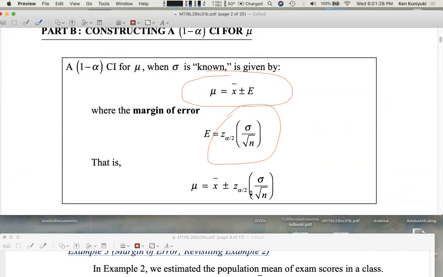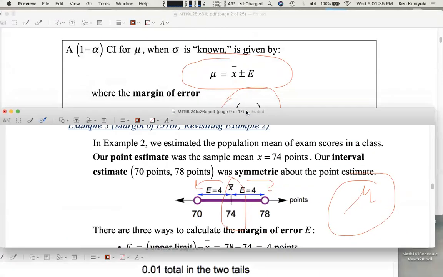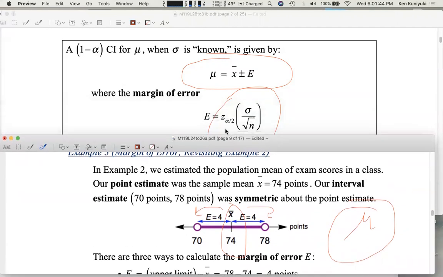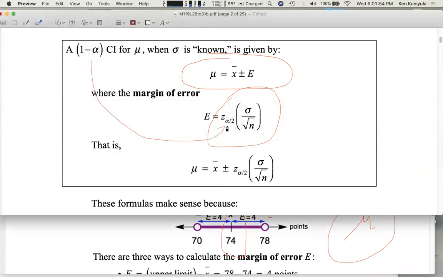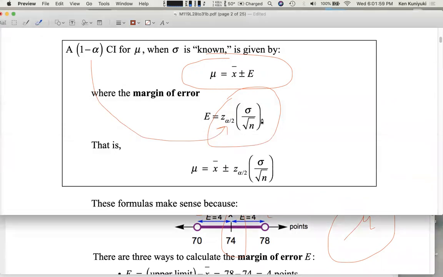To get the limits of the confidence interval, which are obtained by taking the plus case and the minus case in this formula, you start at the sample mean and you walk z standard errors away, where the z-score here is the positive critical value. The confidence level has a direct impact on what this positive critical value is. The margin of error, by the way, is always positive.